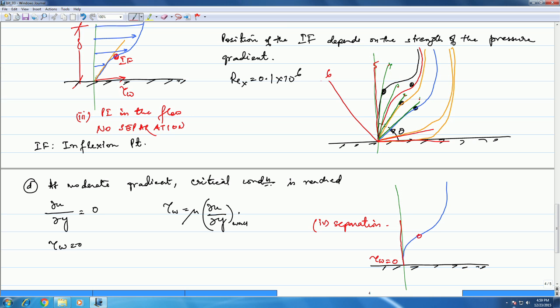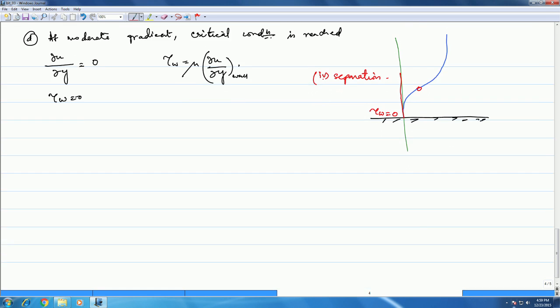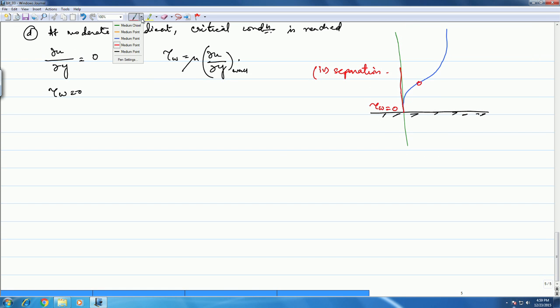We are backtracking a little bit. We are trying to get an idea about the flow from the velocity profile. So if that is happening, then what do we get? You have a slope like that.